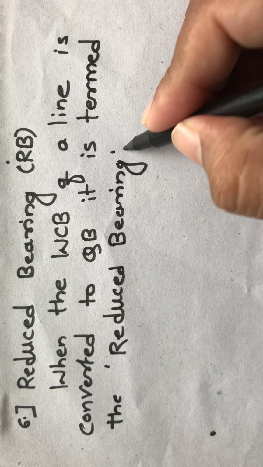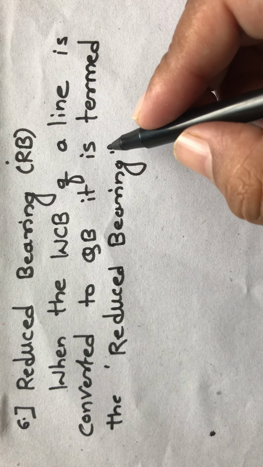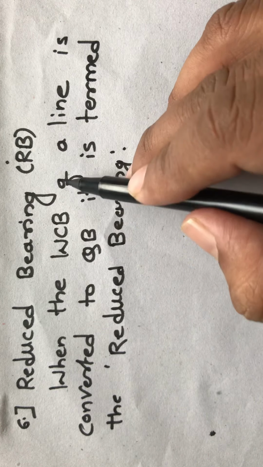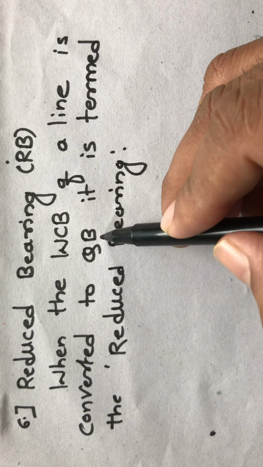Okay, it's simple. So when the whole circle bearing of a line is converted into the quadrantal bearing, it is termed the reduced bearing.